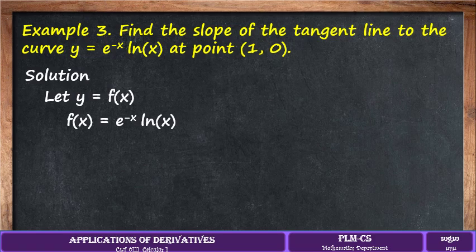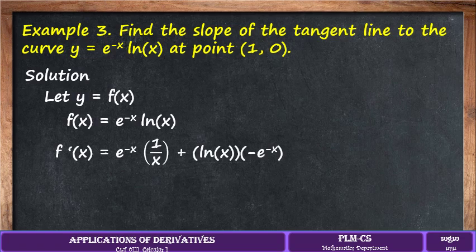In getting the derivative of the function, we are to apply the product rule. So f prime of x equals e raised to negative x times the derivative of ln x, which is 1 over x, plus ln x times the derivative of e raised to negative x, which is negative e raised to negative x.